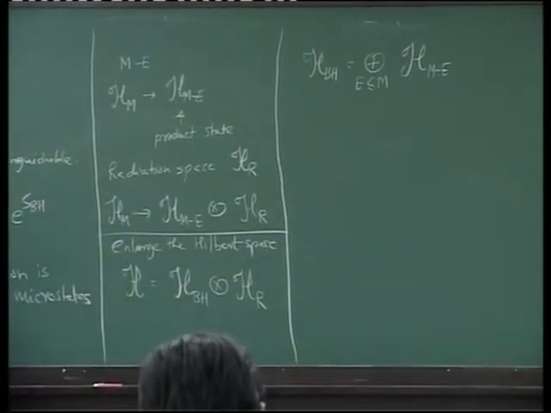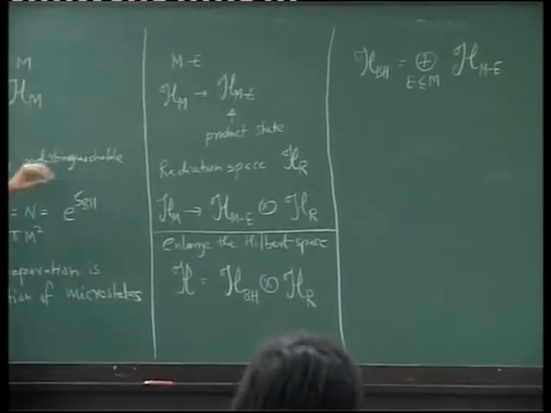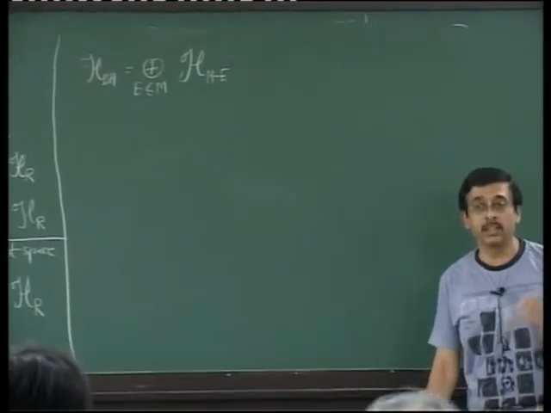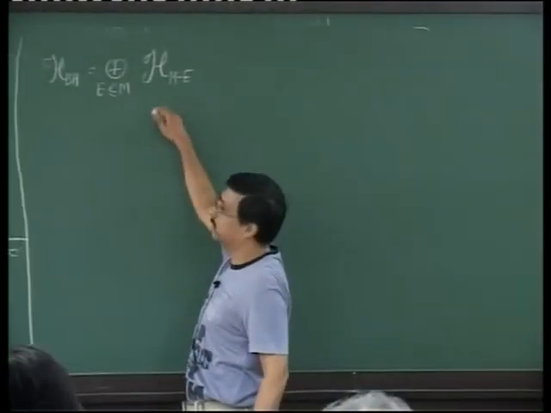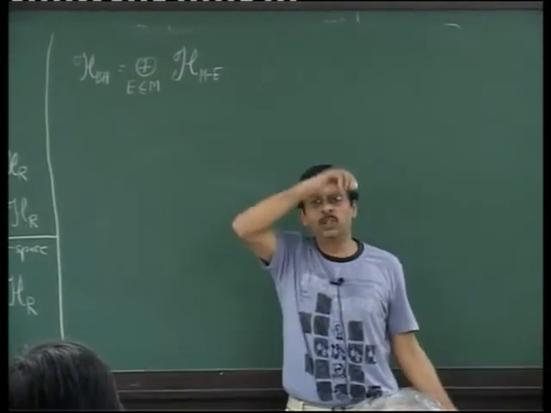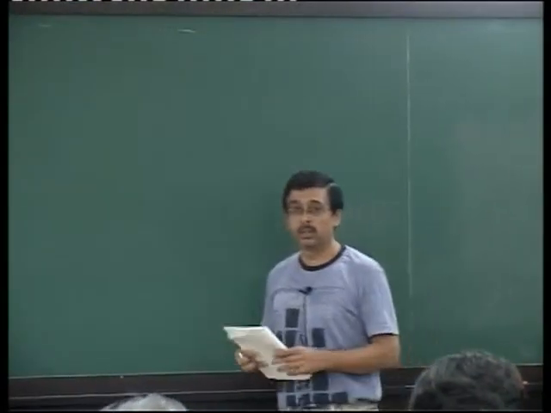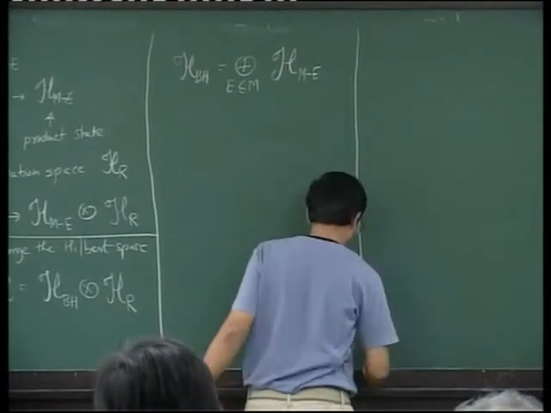The purpose of doing this is that not only do you start with the initial state, but you are trying to track the trajectory of the black hole as it evaporates. So you add different Hilbert spaces, and then in a bigger Hilbert space you try to follow the path that black hole plus radiation is going to take.